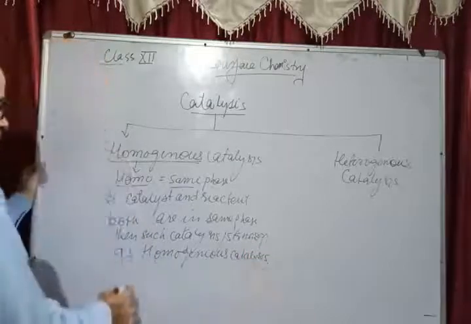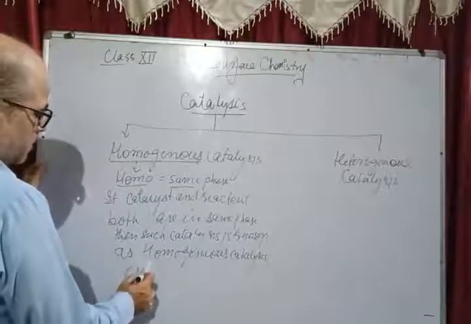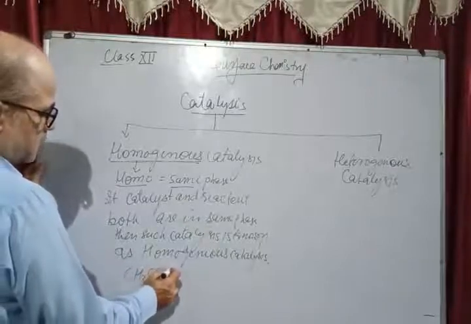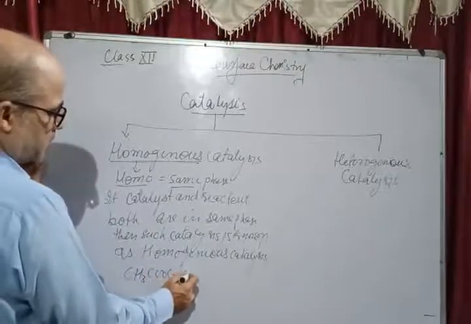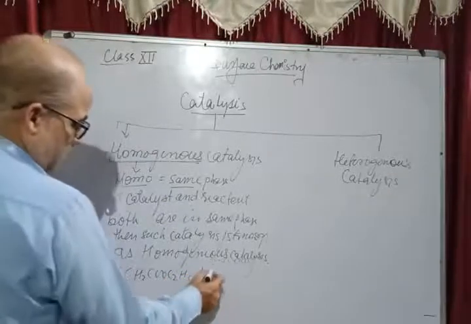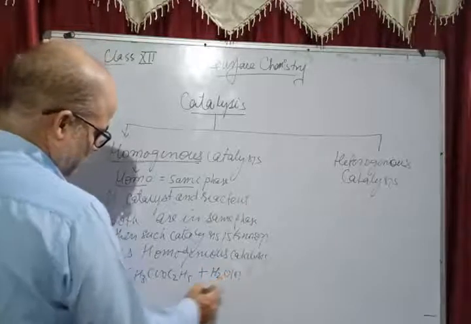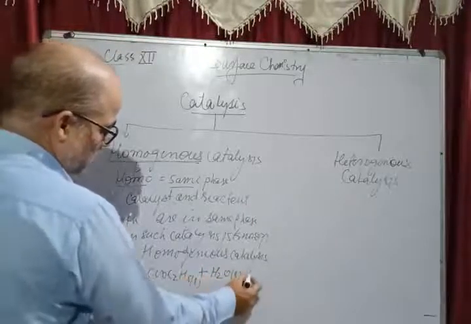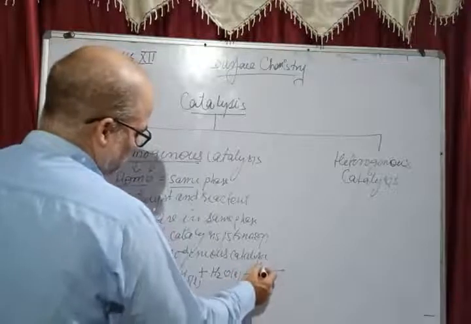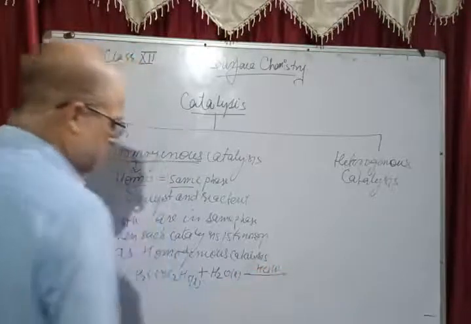Okay, for example, you can take hydrolysis of ester, the best example for you, and you have learned it in class 10 also. If you take here water, this one is liquid, this one is also liquid, and you take some acid, which acts as a catalyst.